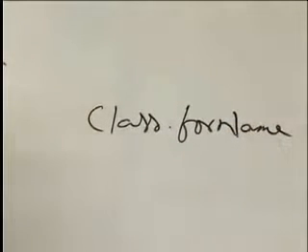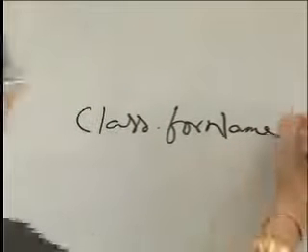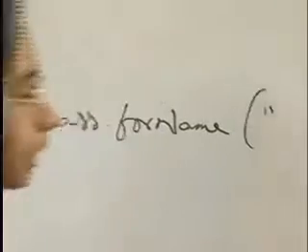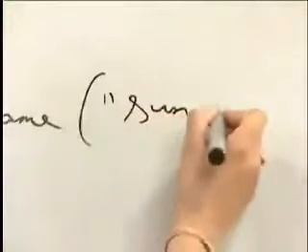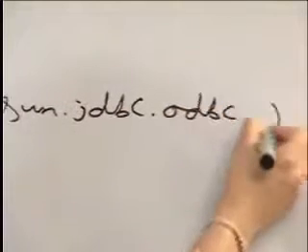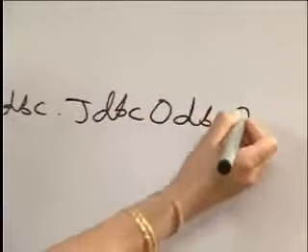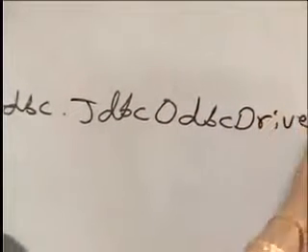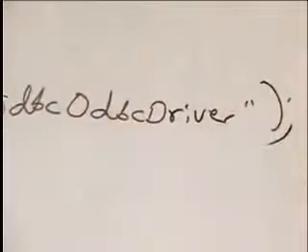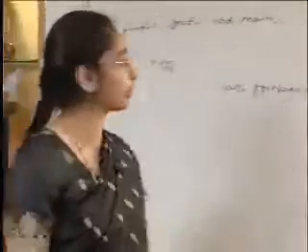The first thing that we need to do is load the driver class. Let's say we're going to use a JDBC ODBC driver. This JDBC ODBC driver class comes with your JDK kit itself.